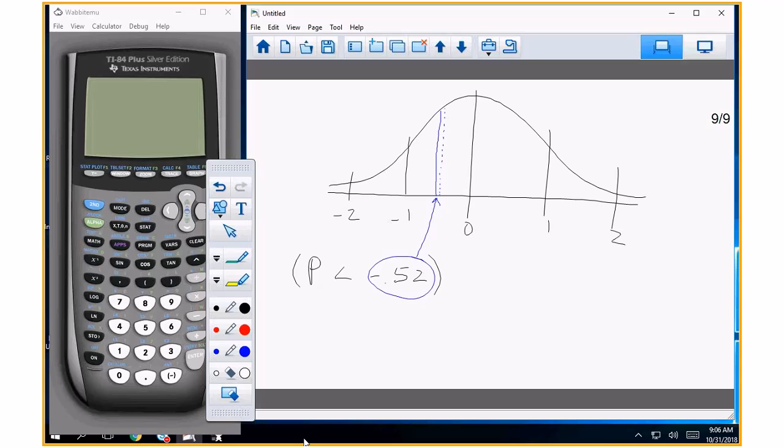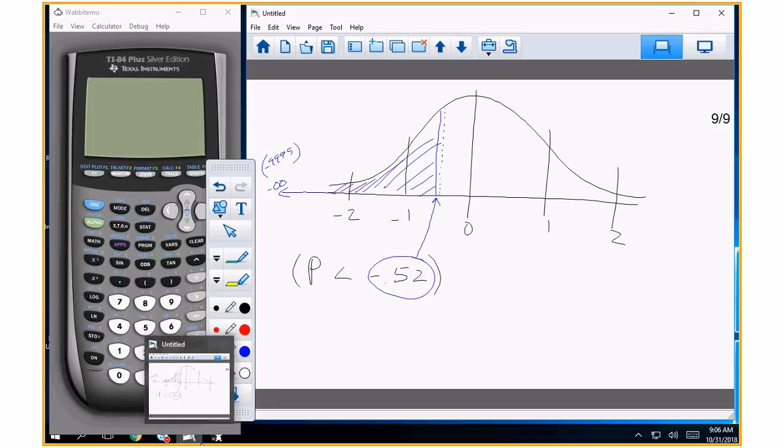Less than would be to the what? Left. So we don't have to deal with positive infinity. We have to deal with what? Negative infinity, which is negative 9999. Because we're going to find this area right here with the blue.